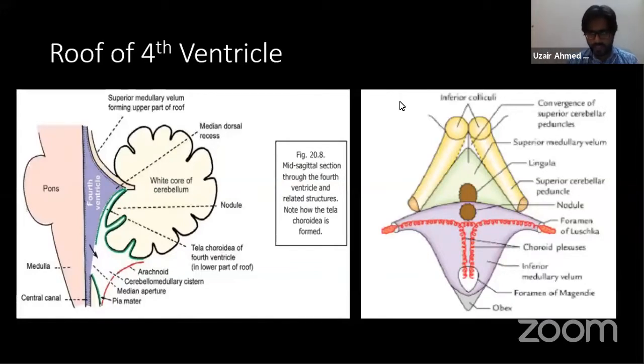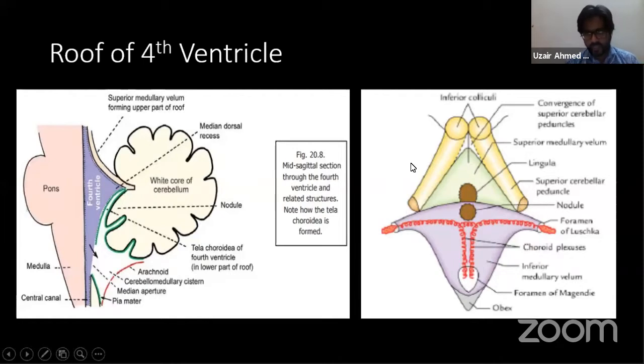So we will see this superior slope of the roof of the fourth ventricle and inferior slope of the roof of the fourth ventricle. And this part, like I explained earlier, is the fastigium that demarcates the junction of superior slope and inferior slope of the roof of fourth ventricle. Or we can say that this part is the fastigium that is shown horizontally right here.